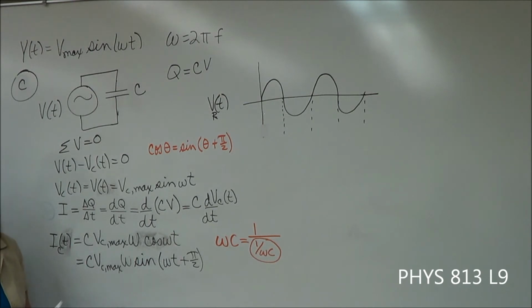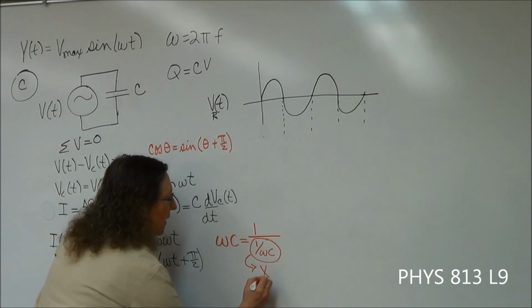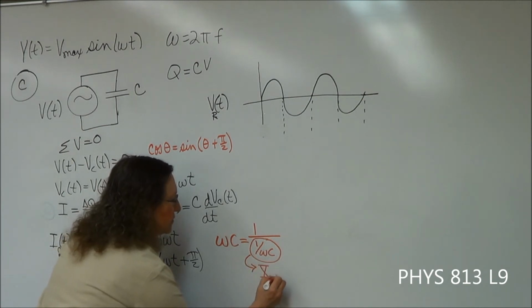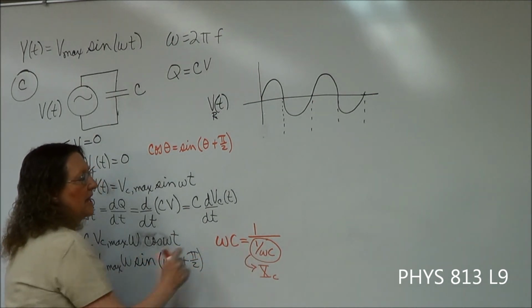So it's not called resistance, it's called reactance, and it is labeled as capital X with the subscript C. Note that it's just this 1 over omega C.